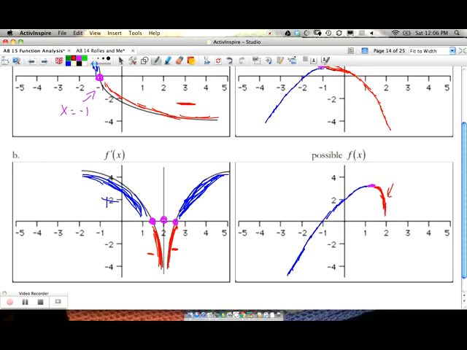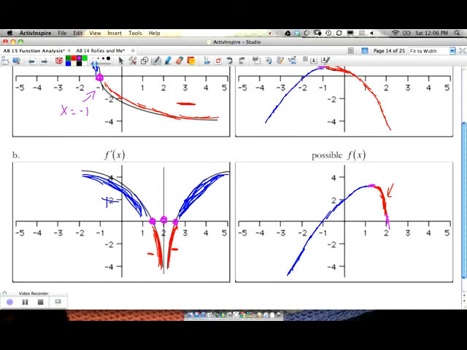But then at 2, we're starting from this vertical negative infinity slope and then slowly getting back to 0 at 3. Is that what it is? At 3, right? This tail off. No, at 2.5.